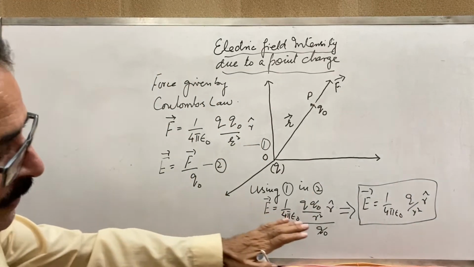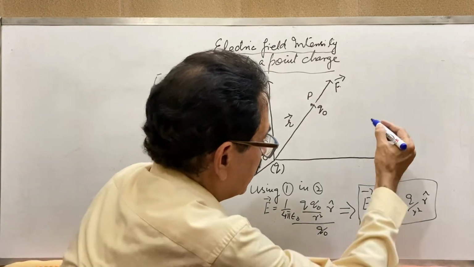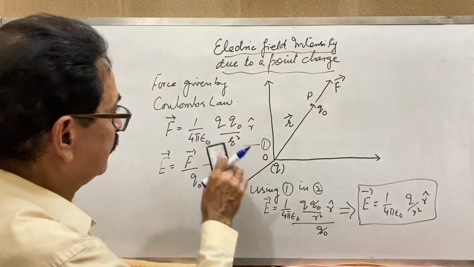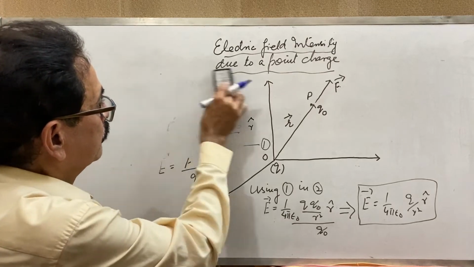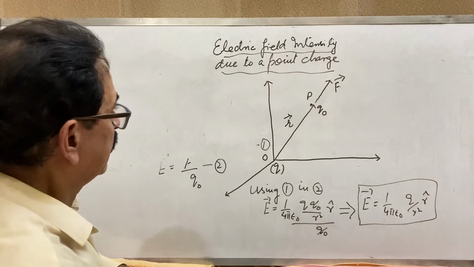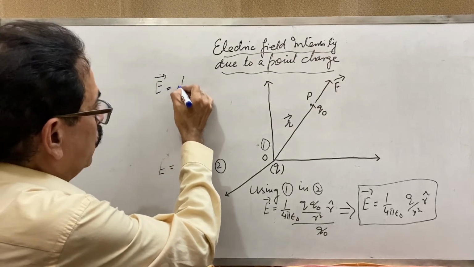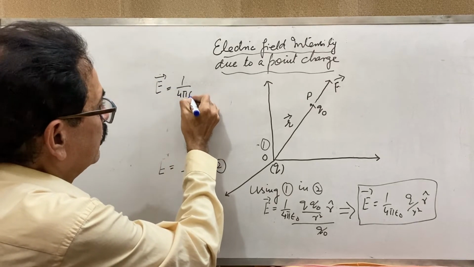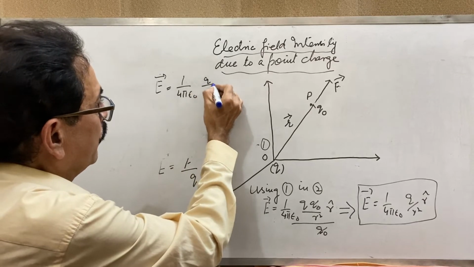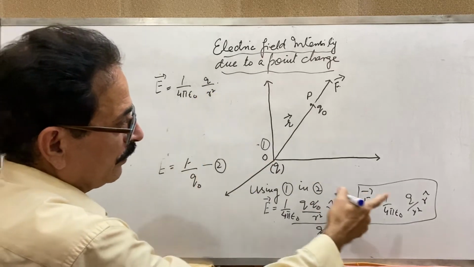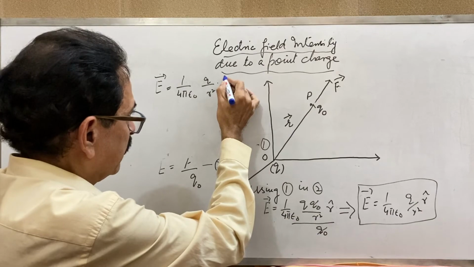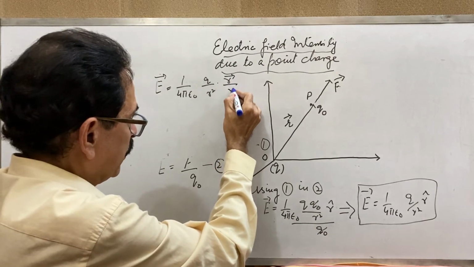We can change this R cap. That means we can write here E is equal to 1 upon 4 pi epsilon naught Q upon R square. Instead of R cap, I will write R vector divided by R magnitude.